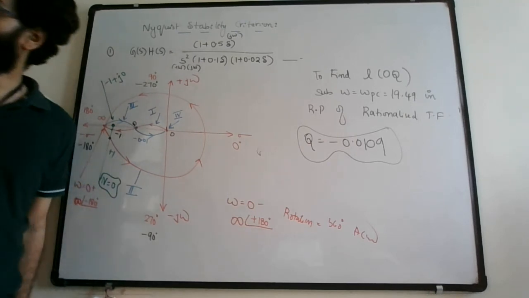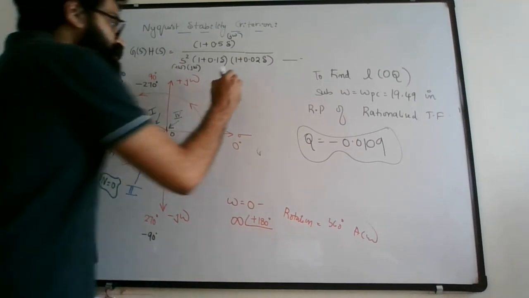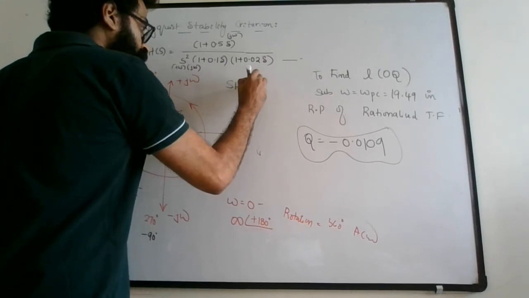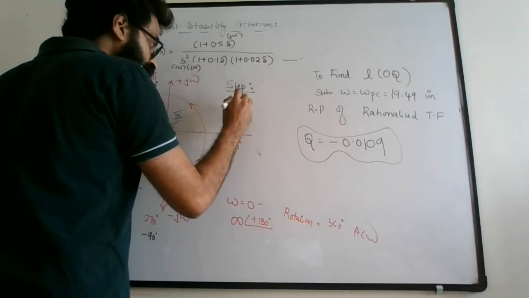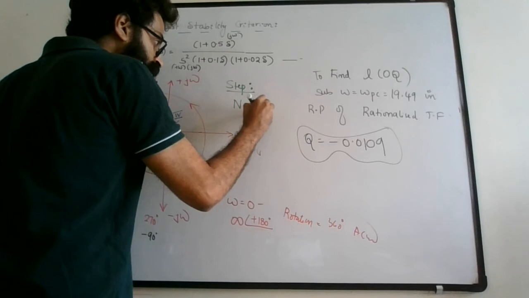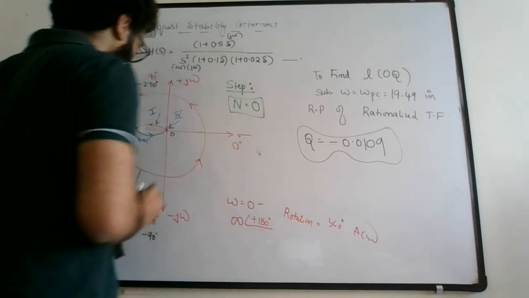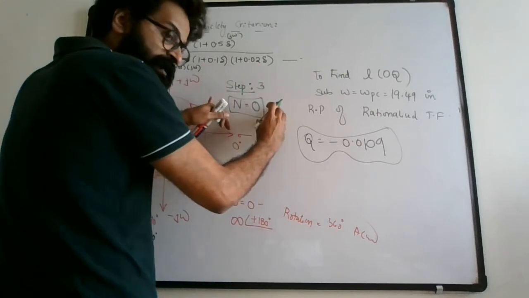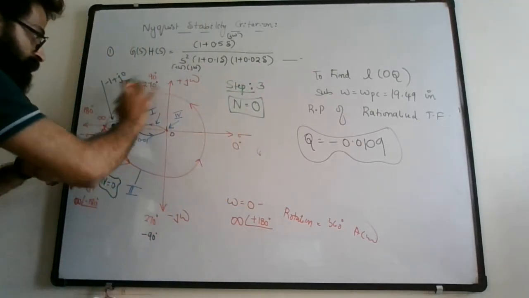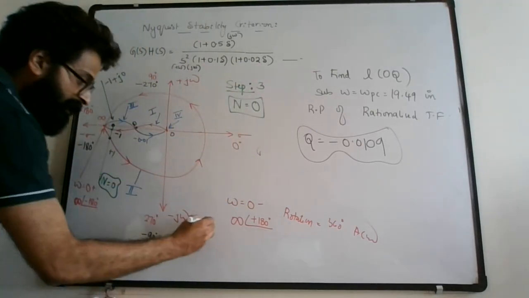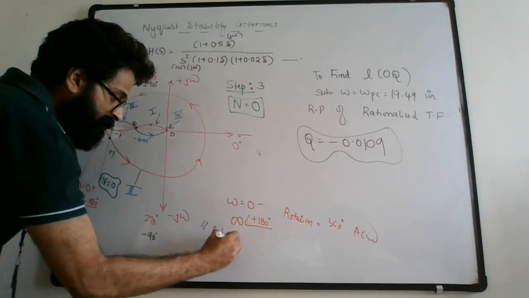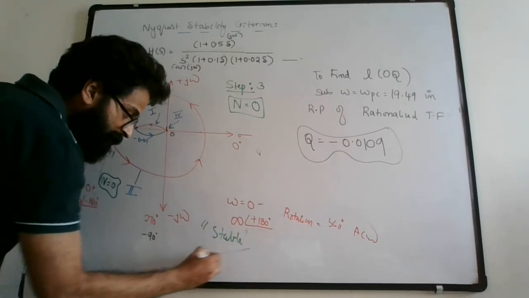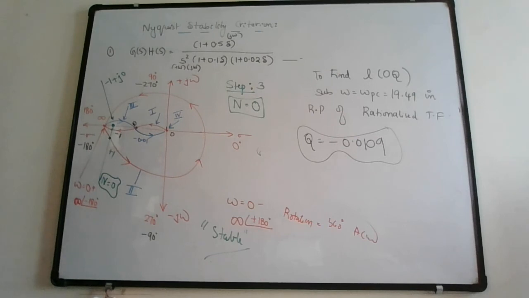And in step 3, you had defined that for stability, n should be 0, which is matching with your actual Nyquist plot. Hence, you can say that the system is stable. So this is your Nyquist plot.